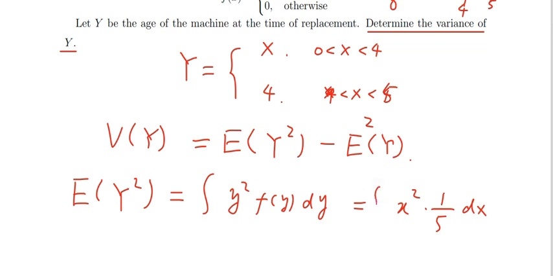So in this case, when x is from 0 to 4, plus y can be 4, so 4 squared, and the probability is when x is between 4 and 5. So this is E(Y squared).